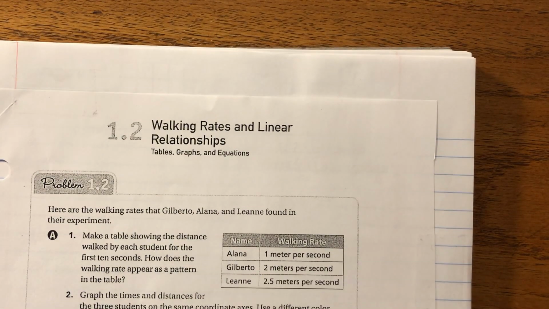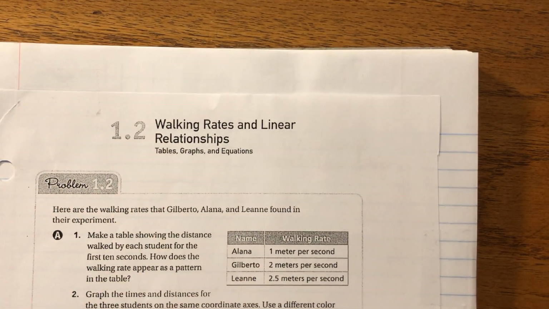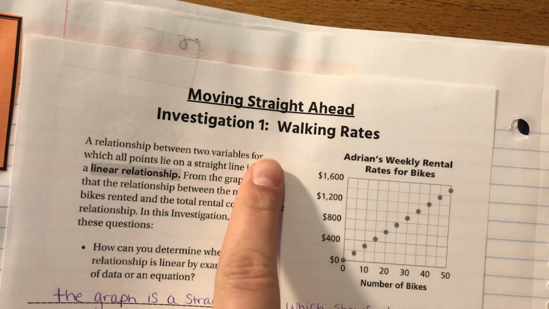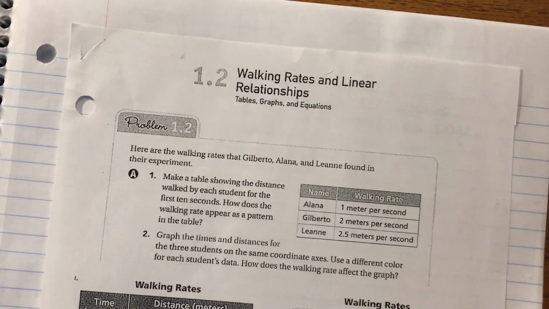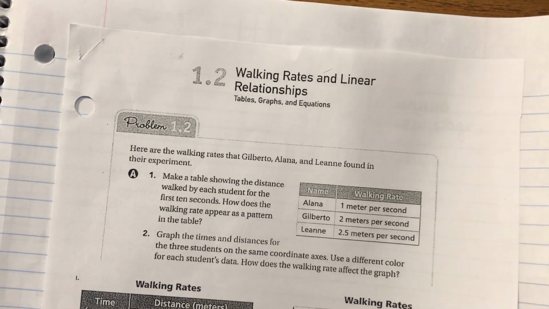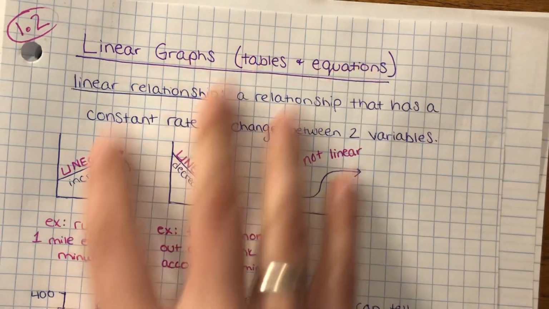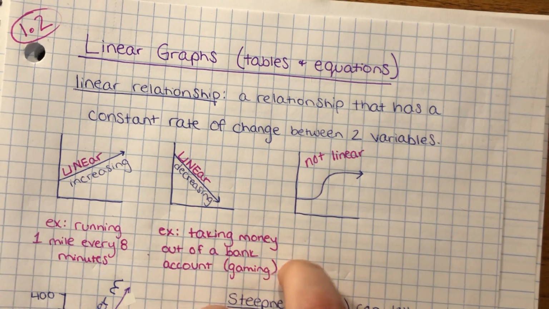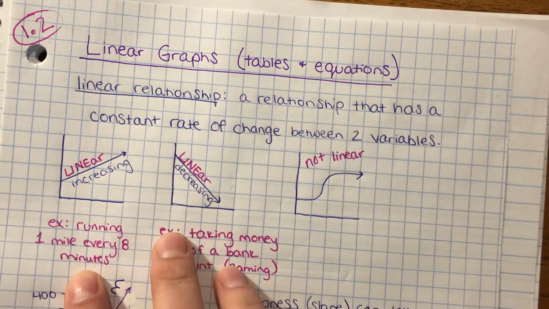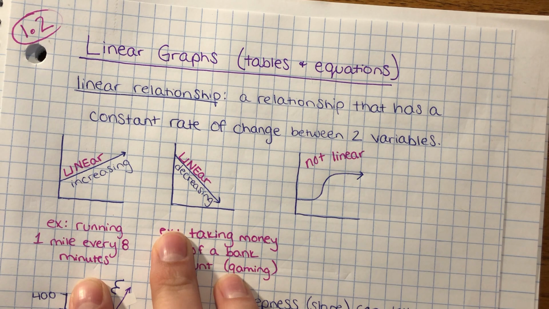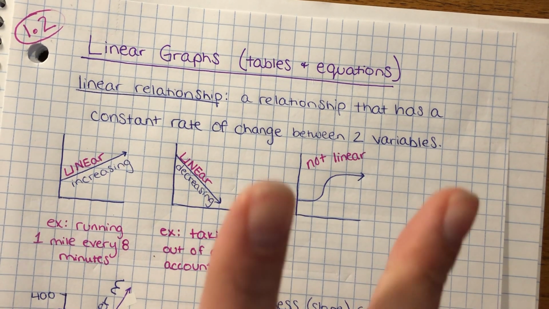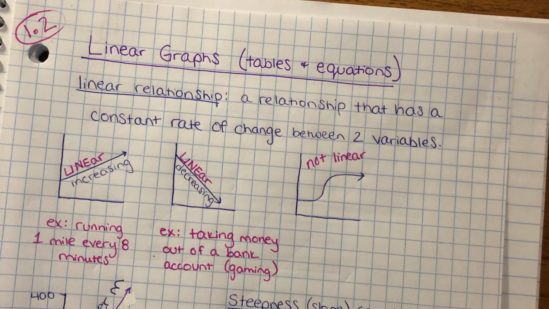Flip. We should have 1.2 walking rates across from 1.1 walking rates. And then if we flip one more time, this page will be blank in your notebook, but we're going to fill it with notes today. So if your notebook is not out, it needs to be out in front of you. Have a pen or a pencil ready, and we're going to take notes.